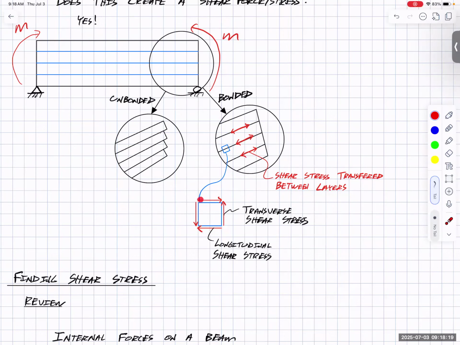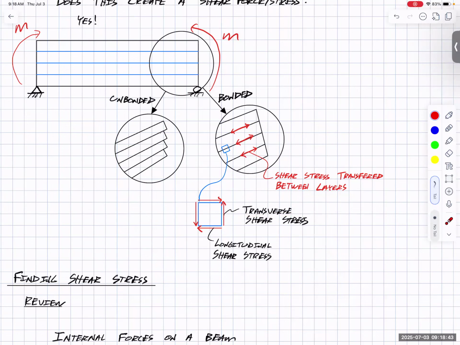Well, that means there has to be an opposite force on the other side of the element going horizontally to the right. And then same idea with up and down. So as we move from left to right, we have a shearing force going up, and a counteracting shearing force going down. That's really what we're looking at when we talk about transverse shear stress.